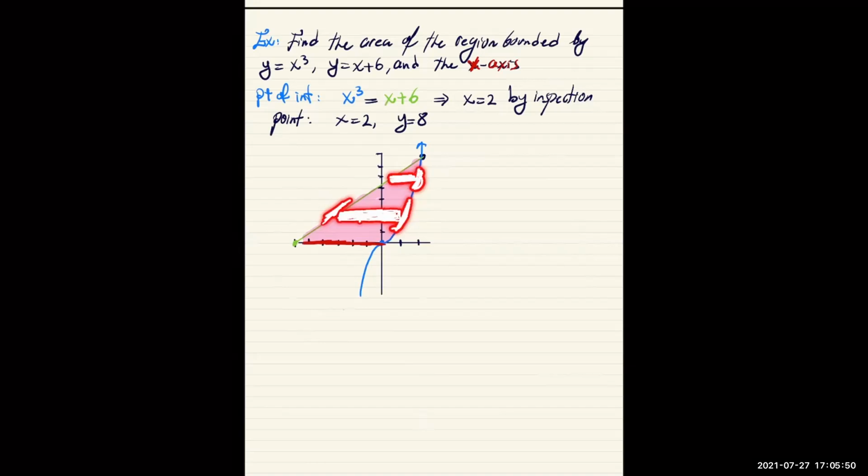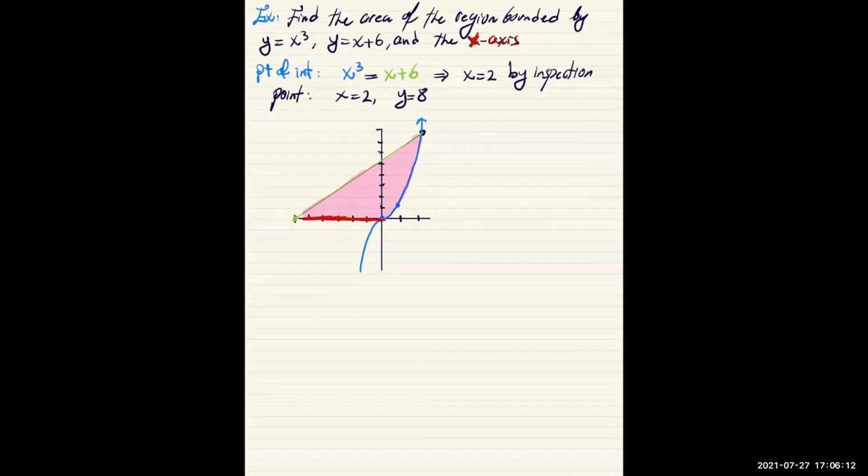Right is blue, left is green. So integration with respect to y requires only one integral. Since we're going to do dy, you want to solve these equations for x, to express them in terms of y. So let's go with y equal to x cubed.